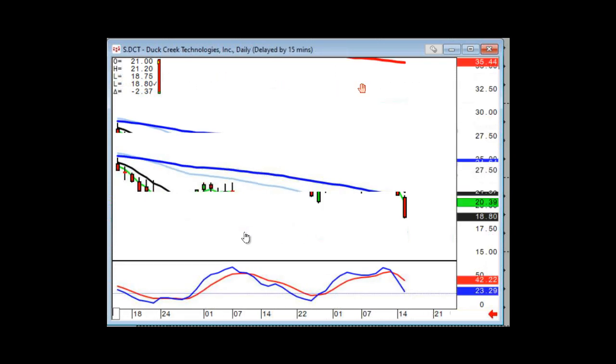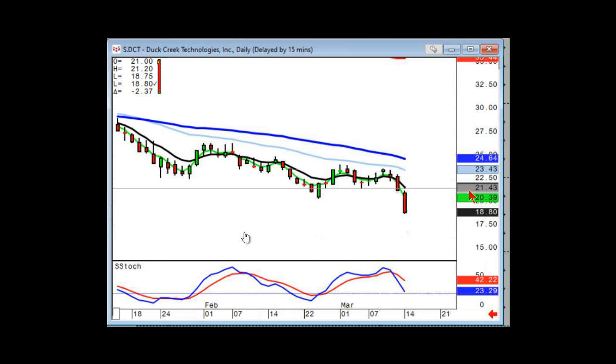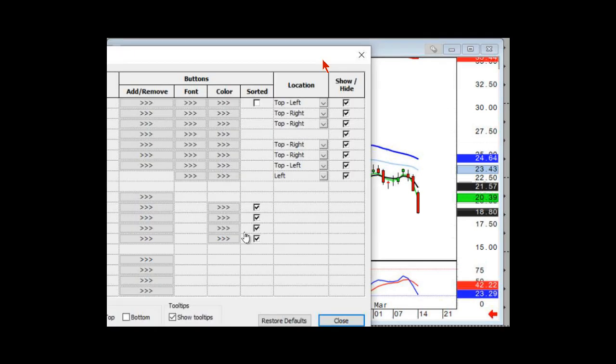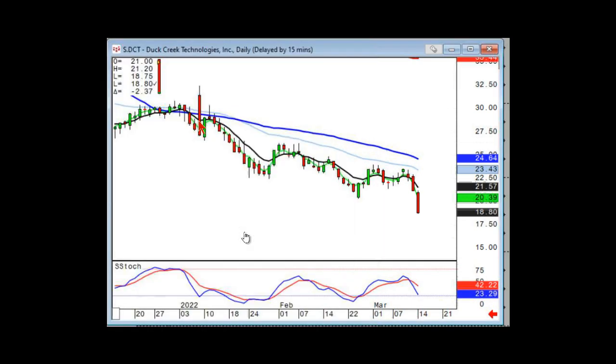So here's one that has broken out down through this level. That kind of implies a wave 1, wave 2, going into wave 3.